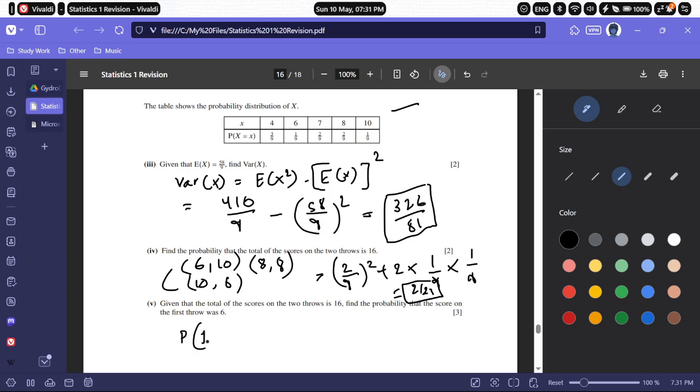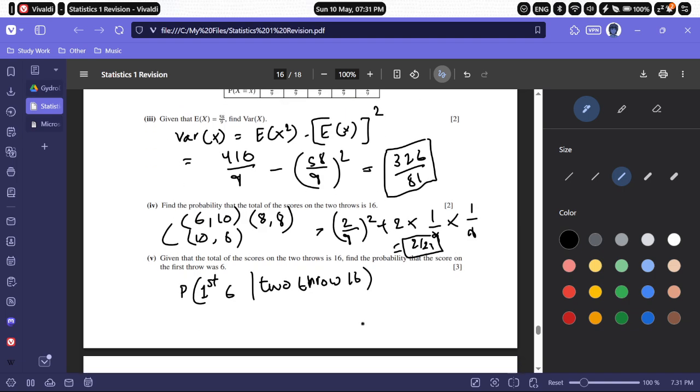The intersection of this and this is just 6 comma 10.